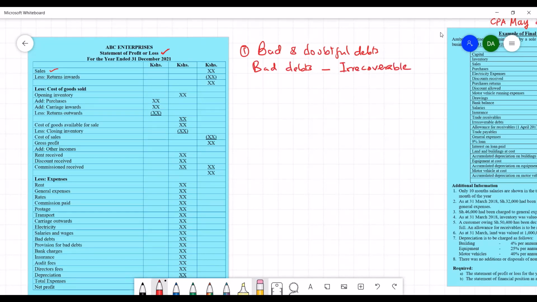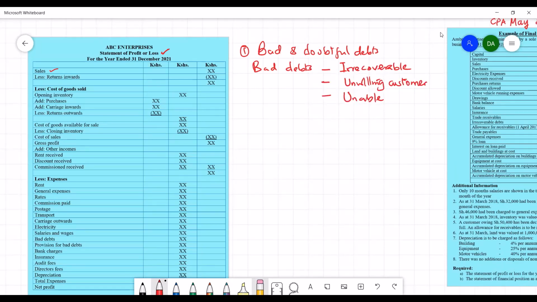This is to say, you sold goods on credit and a customer is unwilling to pay the debt. Or a customer may be unable to pay the debt, where they are declared bankrupt or they are facing financial difficulties.